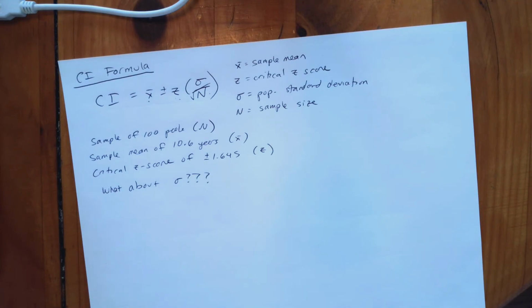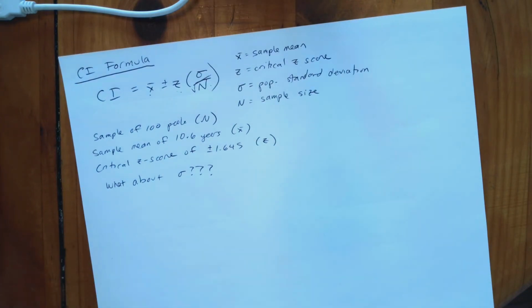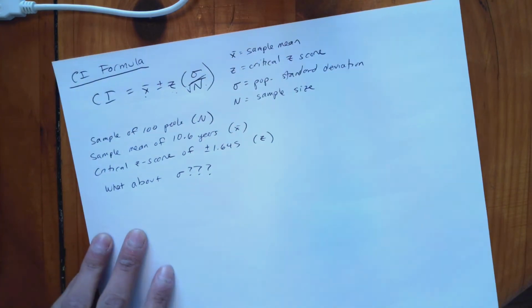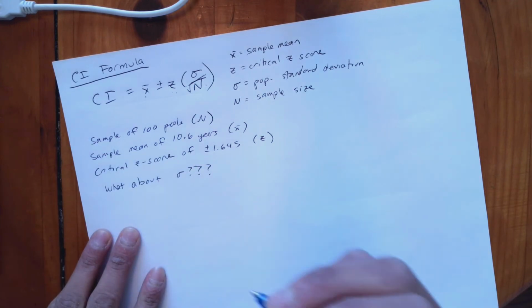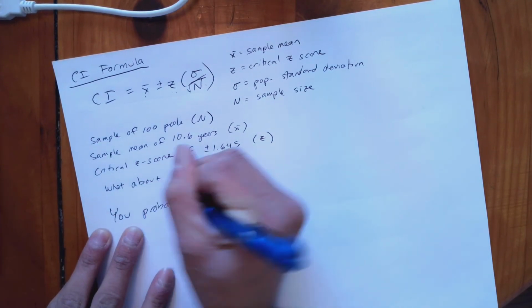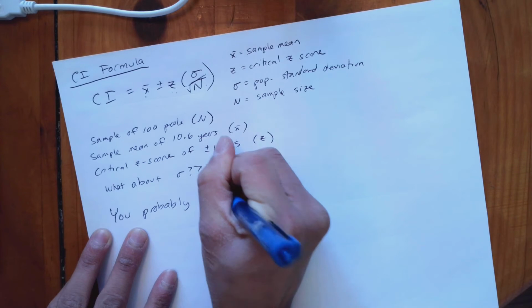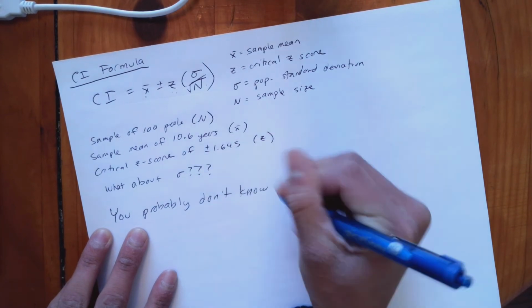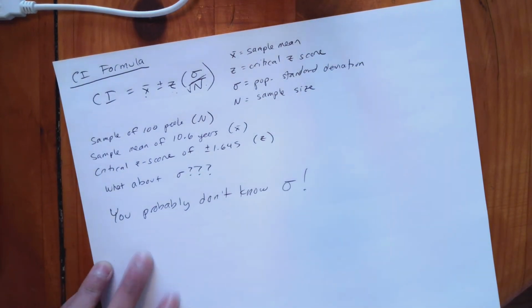There aren't that many situations where you know the standard deviation for the population, but you don't know the mean value. And so you probably don't know the population standard deviation.